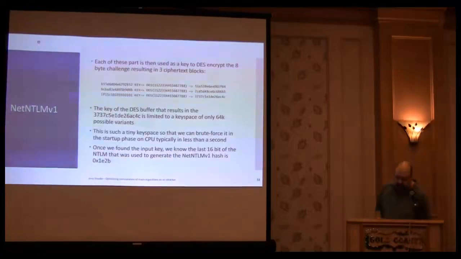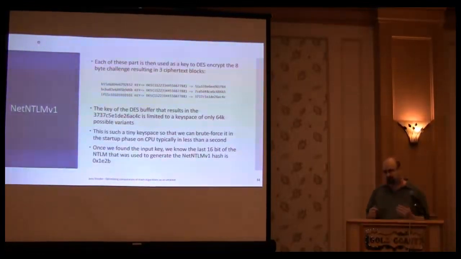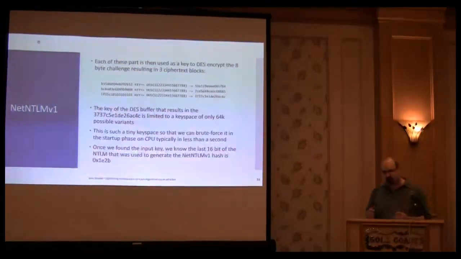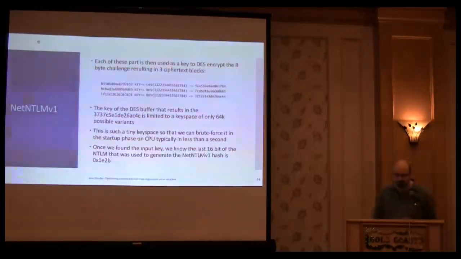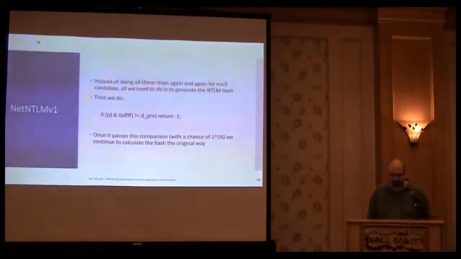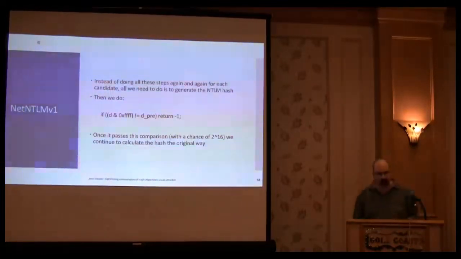So when we are inside our inner loop and we do the NT hash, and we have brute forced the first 16 bits of DES, which can be done in less than a second, we can compare the last 16 bits of the NTLM. And if they match, we do not need to calculate the DES stuff. The DES stuff is very slow on CPU, but the MD4 is very fast.